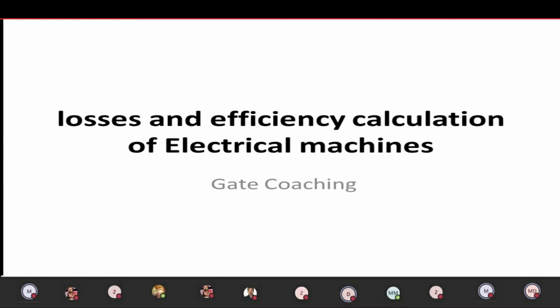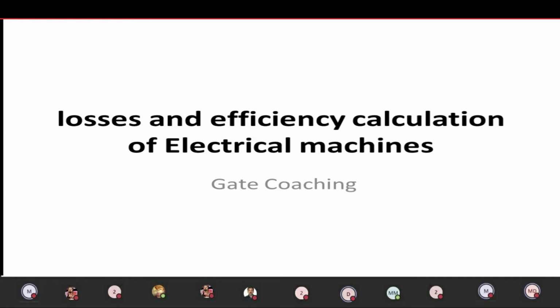To reduce the losses, we build the machine using laminated silicon steel to reduce the iron loss. Iron loss has two divisions, especially hysteresis losses and eddy current losses.